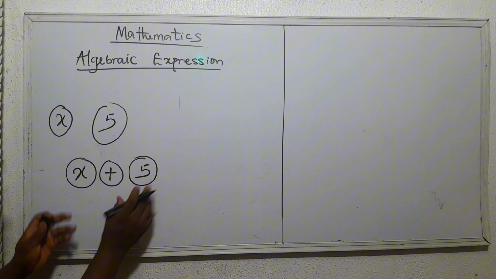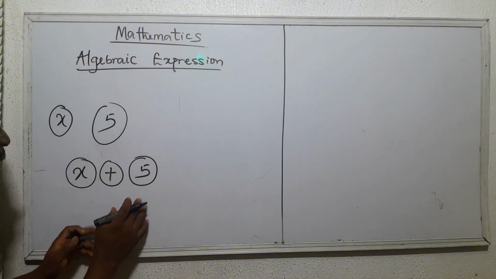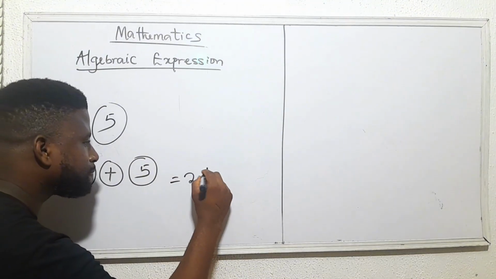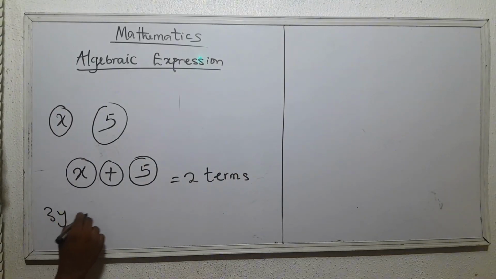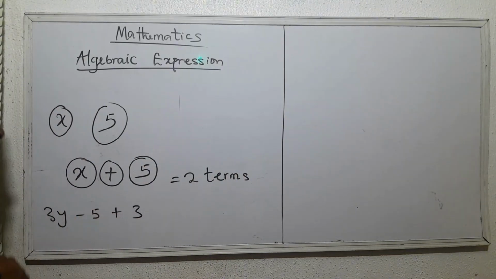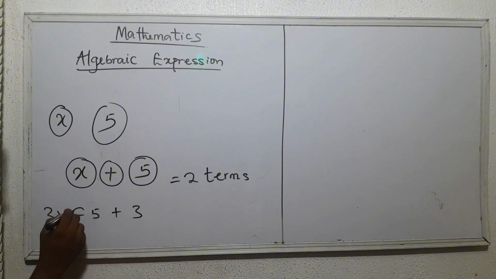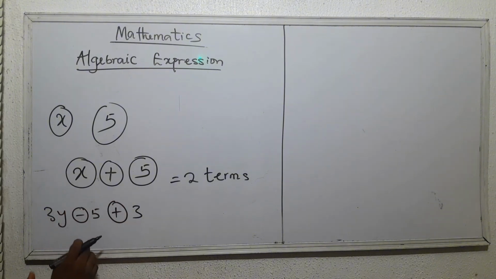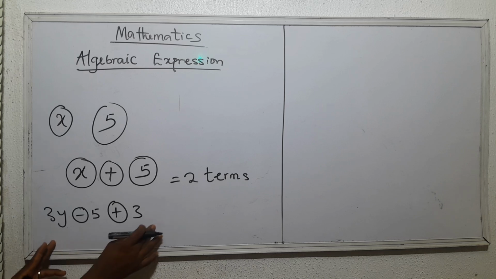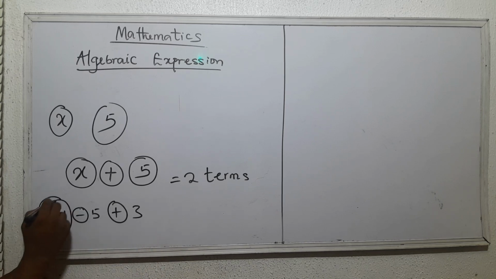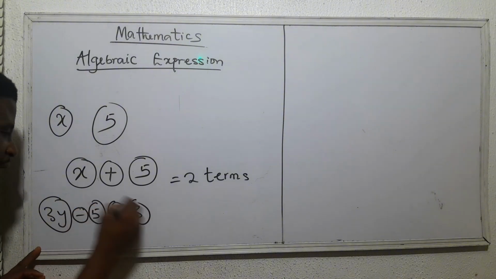So we say that this expression has two terms. So if I have 3y minus 5 plus 3, now if you look at this, these are the operators that connected these three terms together. So it means that this algebraic expression has three terms: 3y, 5, and 3.